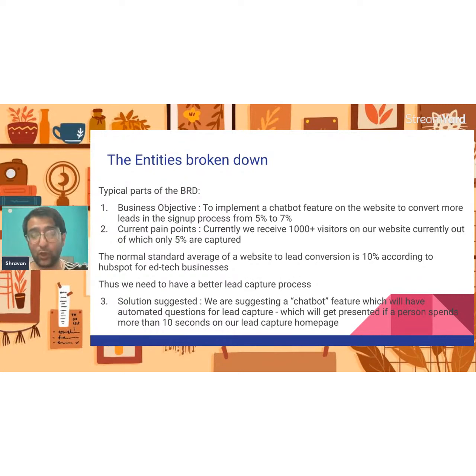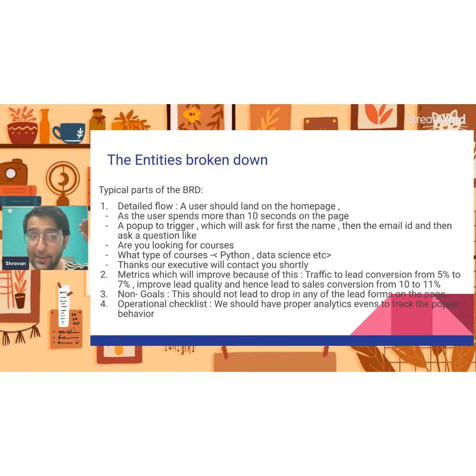business objective. So the second point is why the business is saying that it is useful, and the third point is what should be the solution that we are recommending. Once these three points are covered, then you typically talk about the detailed flow in a BRD. The fourth point would be the detailed structure of the solution.